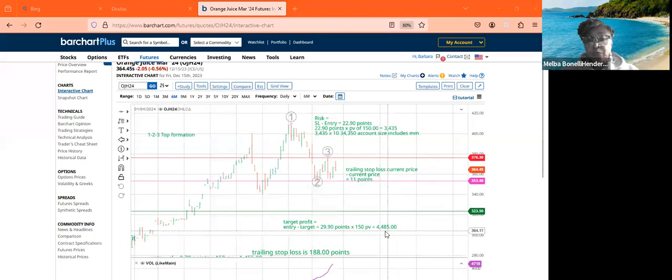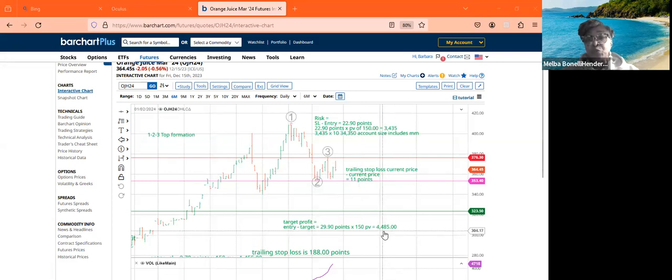So from where you enter at 353.40 to exiting at 323.50 is 29.90 points. And your point value with OJ is $150 per point. So you multiply those numbers and you come up with a $4,485 profit on this trade.